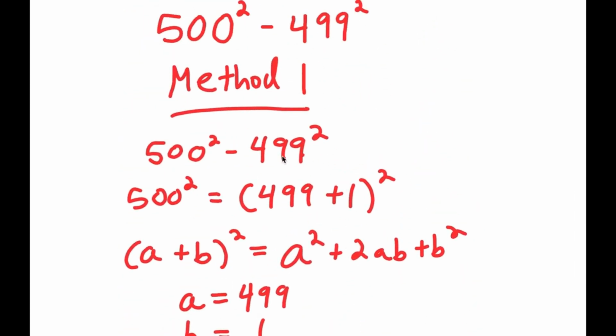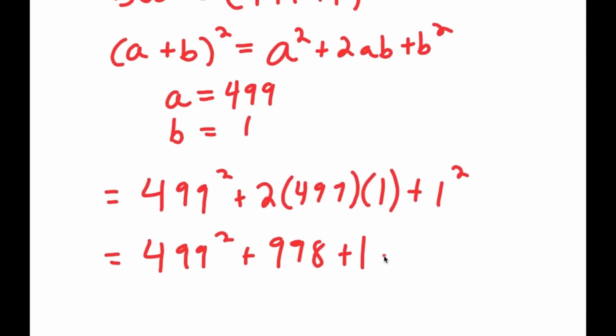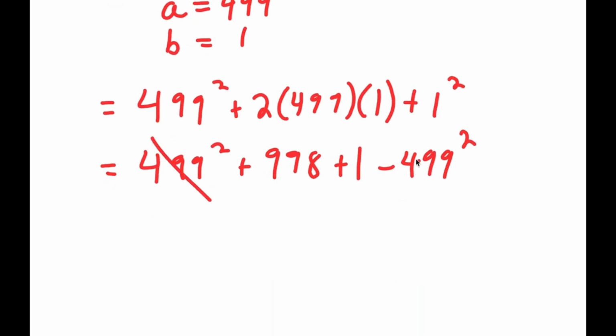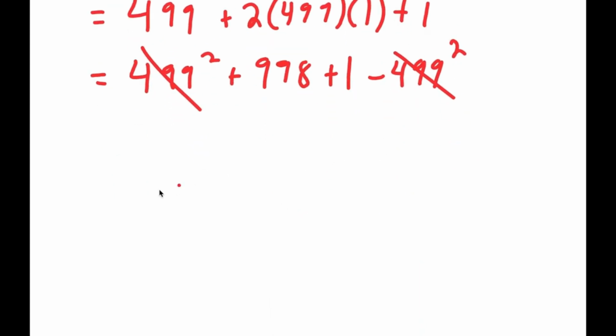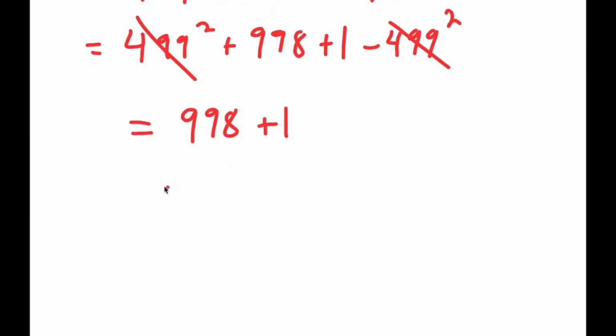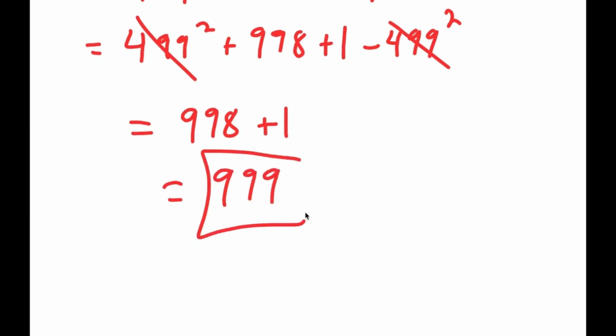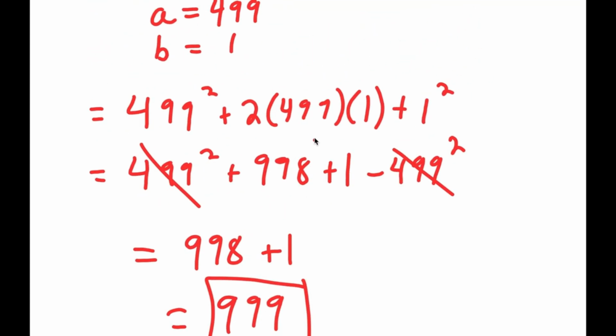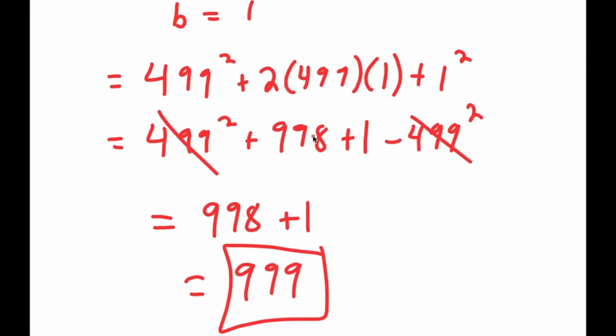And remember, at the end here, I have negative 499 squared. So now we can add that back in. And 499 squared minus 499 squared, these two cancel out. So I'm left with 998 plus 1, and this is equal to 999. So that is the first method of solving this problem.